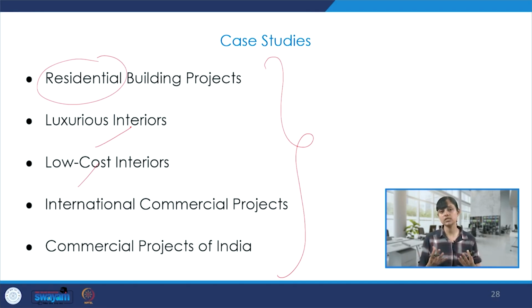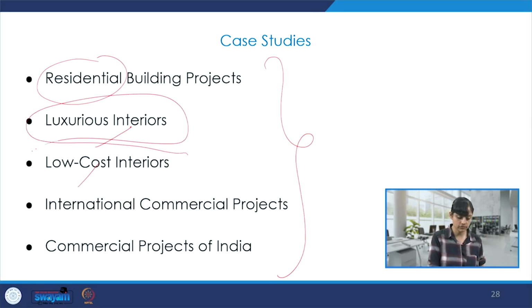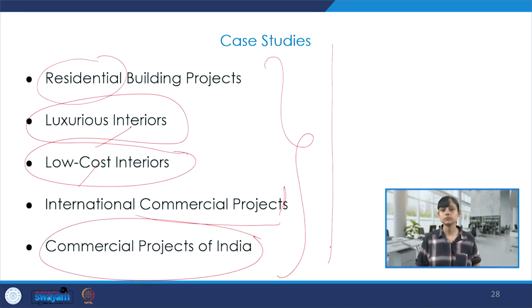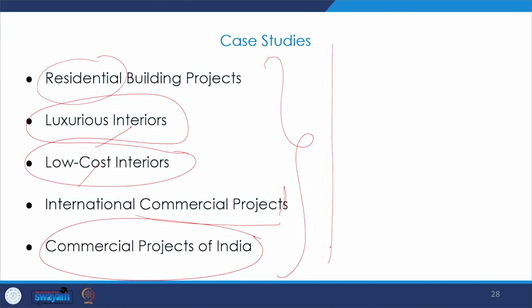But it's the role of the designer and their understanding of materials and costing and the client's requirement that makes it possible to achieve this variety. We also saw some international commercial projects, and some commercial projects in the context of India. These were very visual, and we tried to put this entire plethora together to create an understanding of the field of interior design.